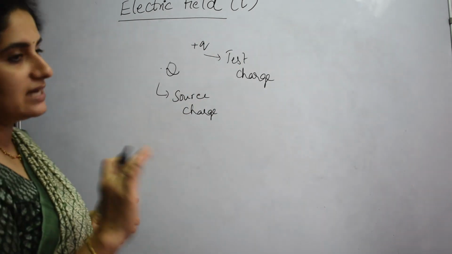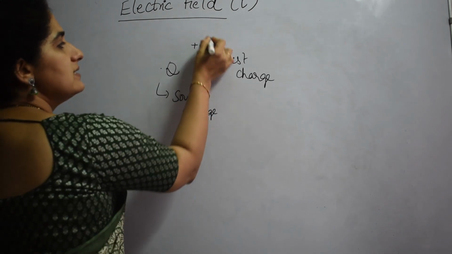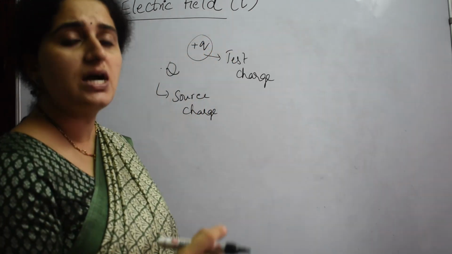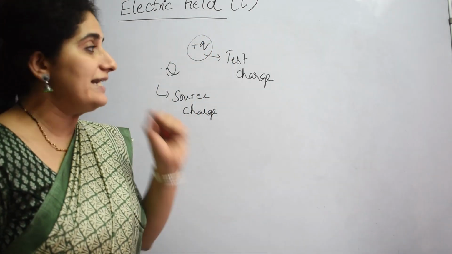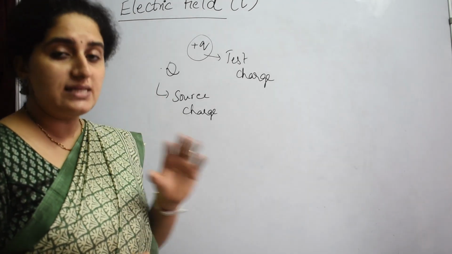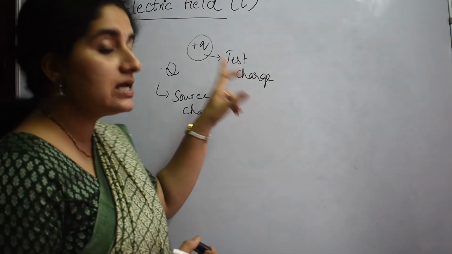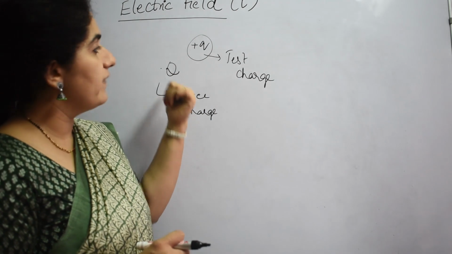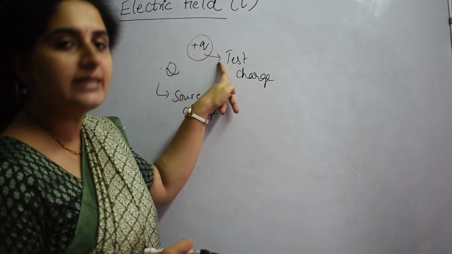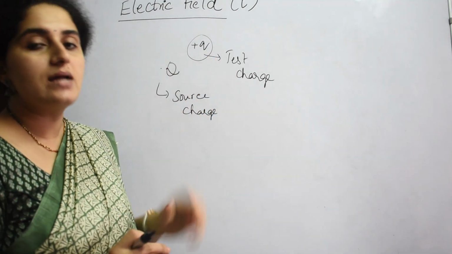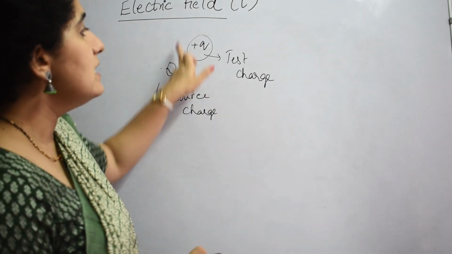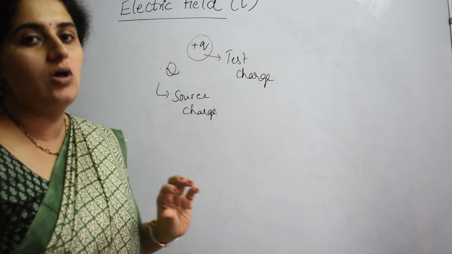So what is done universally is we consider this as a very minute charge. It is so small that it is tending to 0, so that there is no effect on the source charge due to the test charge. So you have to just keep in mind that the test charge is a very small charge.